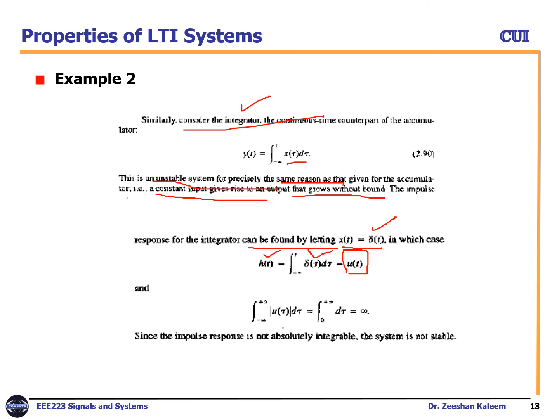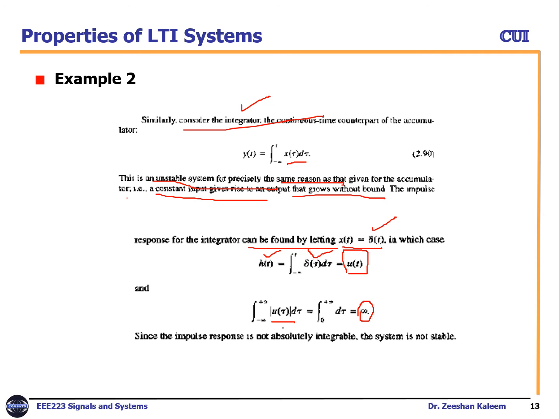After finding the impulse response, now you absolutely integrate the impulse response. So now you have to integrate the absolute value of u of t dt. The limit will change from 0 to infinity, and by integrating u of t you will get infinity, as we have seen for the accumulator.